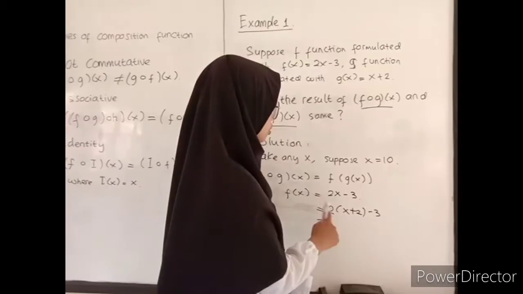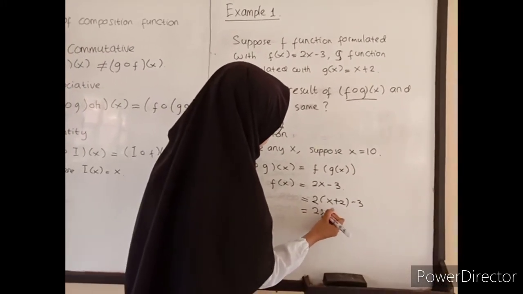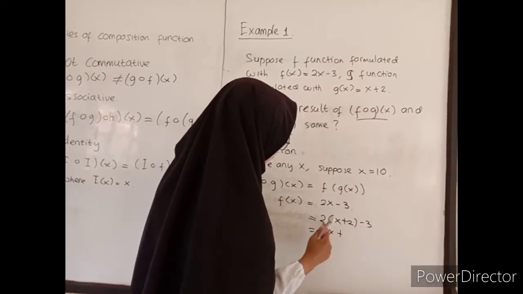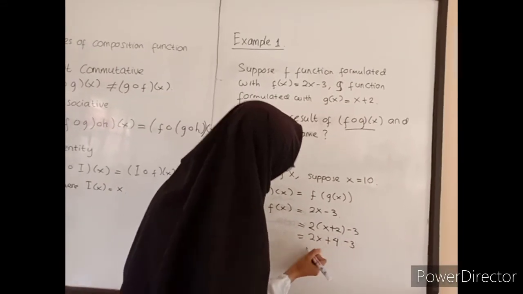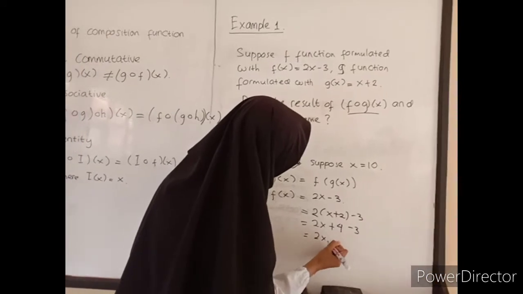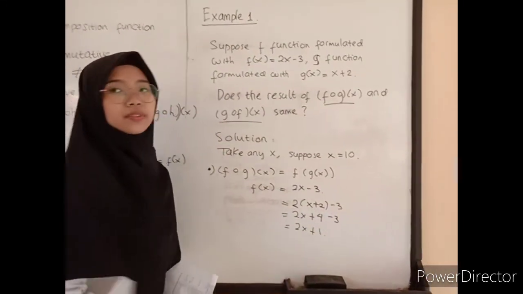We multiply 2 times x equals 2x, plus 2 times 2 equals 4, minus 3, is equal to 2x + 1, like this.